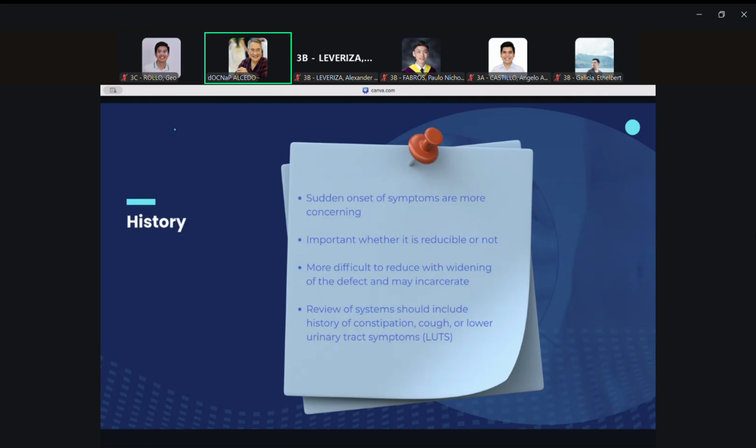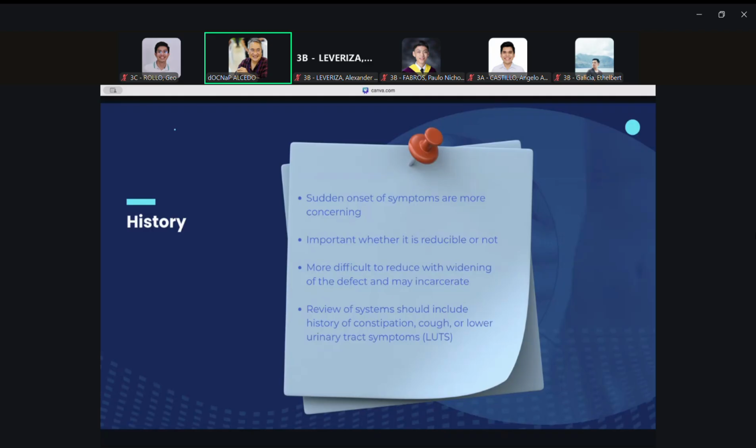If the patient has been complaining of such a bulge for a long time, but now there's severe pain and tenderness, erythema in the overlying skin, and worse, if the patient starts to develop fever, then these are the red flags that we were talking about a while ago. So very important is whether it is reducible or not.